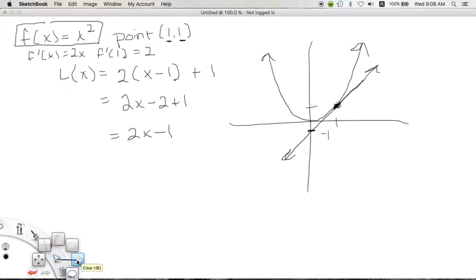Now Newton's method is to find zeros. So the first thing you do is you guess an approximation for your x value.